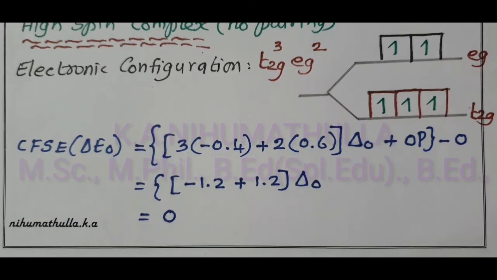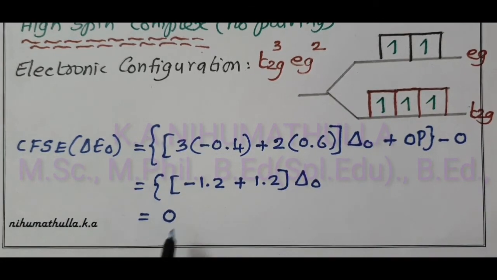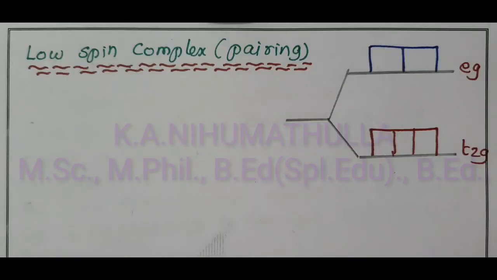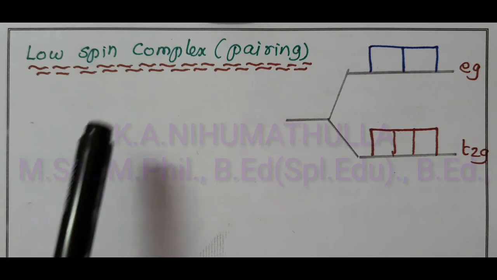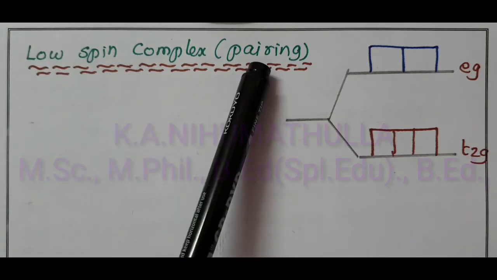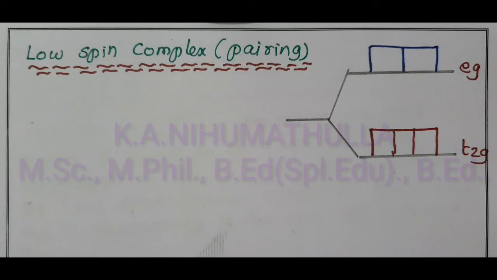Like this, we have to calculate the crystal field stabilization energy for the low spin complex. Then we compare the two CFSEs; the one which is low spin is more stable. You know, in a low spin complex pairing of electrons takes place.